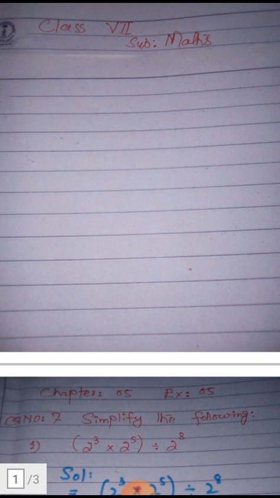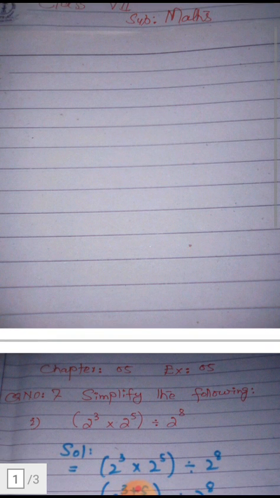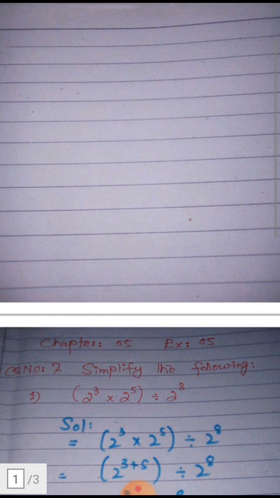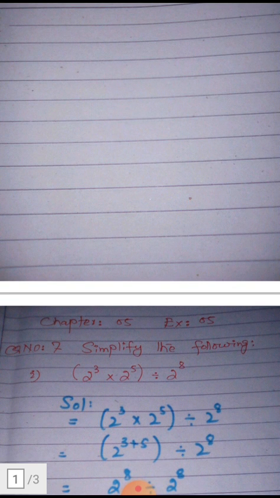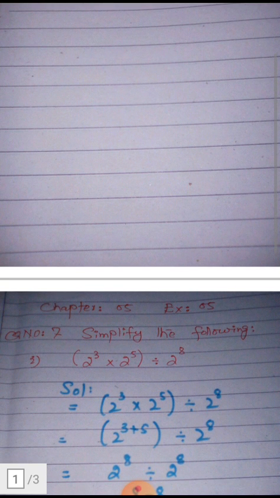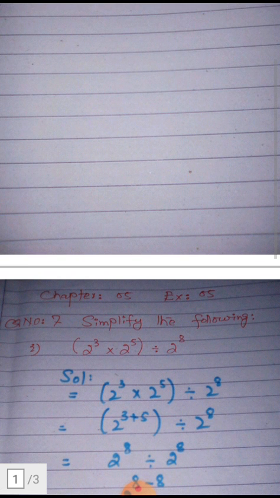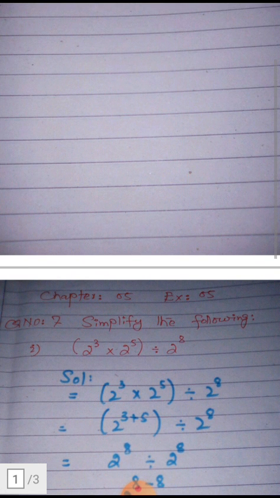So here in multiplication the bases are the same, and we will add the powers, writing the base one time. 3 plus 5 will be 8. It means the term coming from the bracket is 2 power 8, which is divided by 2 power 8.